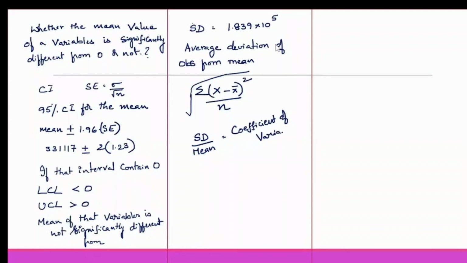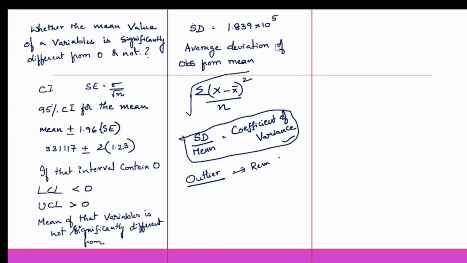Sometimes the exercise that is typically done is with the original data, I find out what is the coefficient of variance. Let's say I have identified something as an outlier. I remove that outlier from the data and I recompute the coefficient of variance.